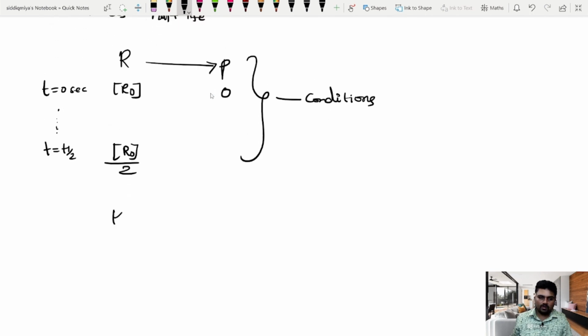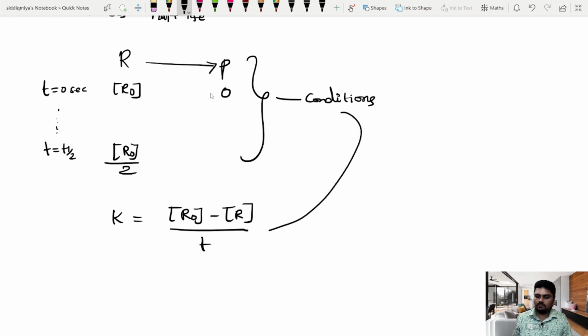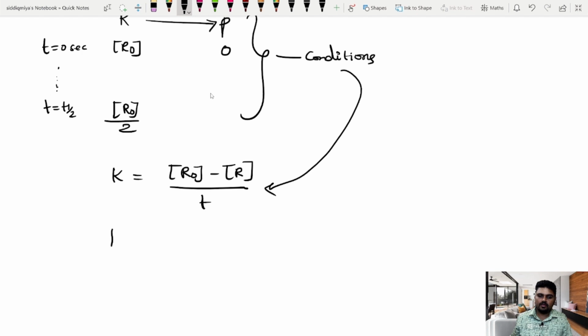The equation is K equals R naught minus R by T. So K is equal to R naught, the initial concentration, minus the final concentration R naught by 2, all divided by T half.